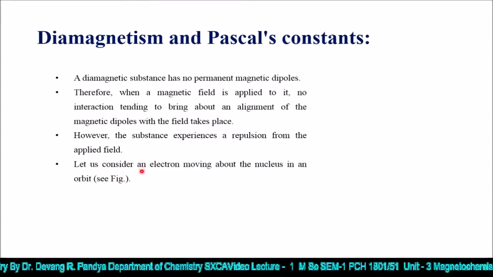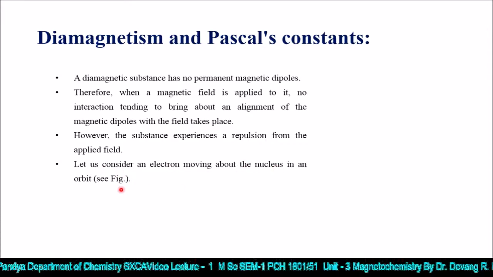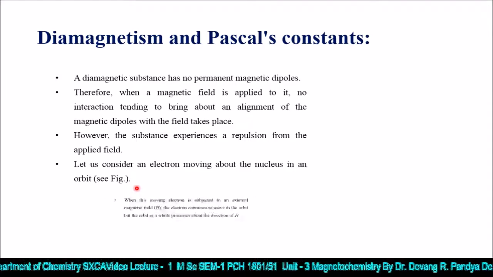Let us consider an electron moving about the nucleus in orbit. We can see in the figure next.